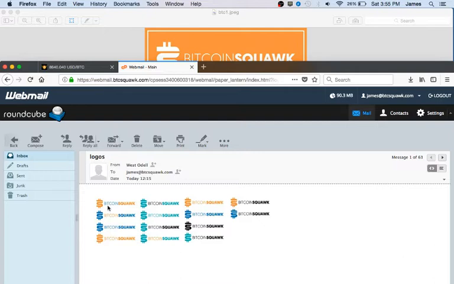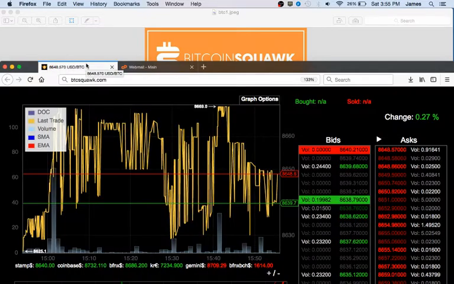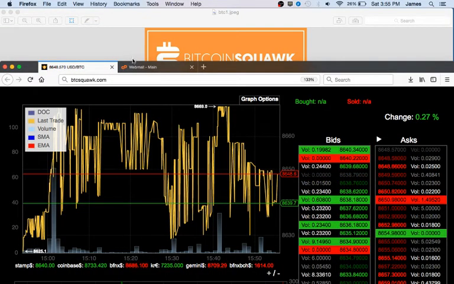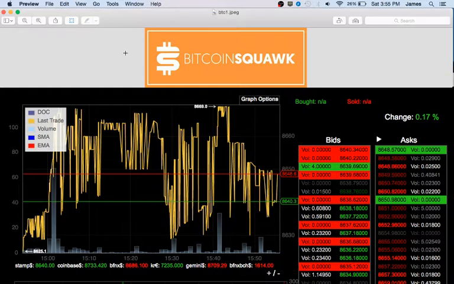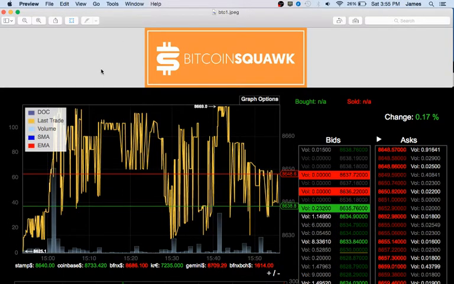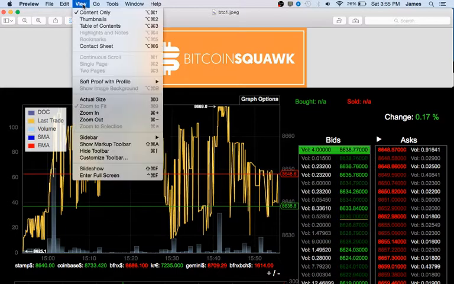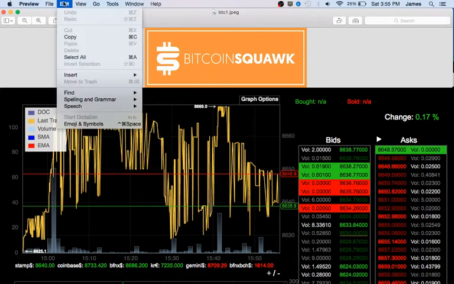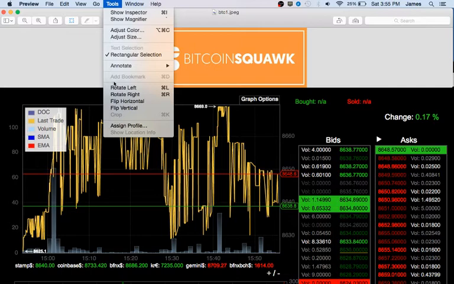It makes it easier to read. Bitcoin Squawk. Bitcoin's one word, one color, Squawk's the other. I think that's my favorite. Bidding right now 86.40, offered 48. I do like the one that I show on the screen right now the most, though. I wish I could hide the toolbar.